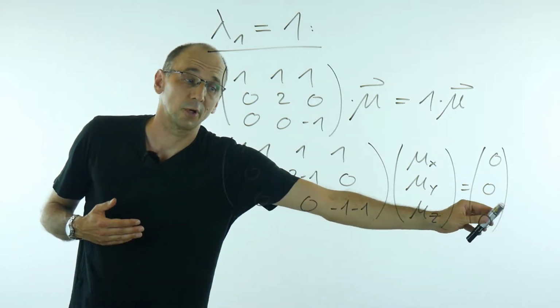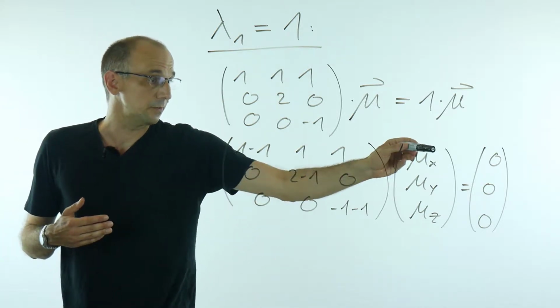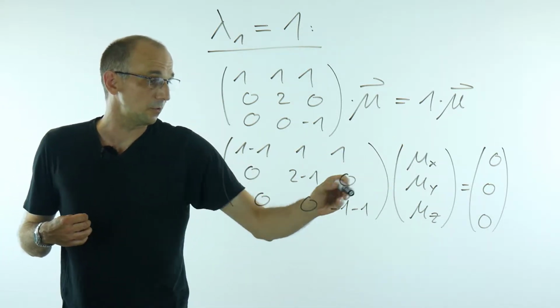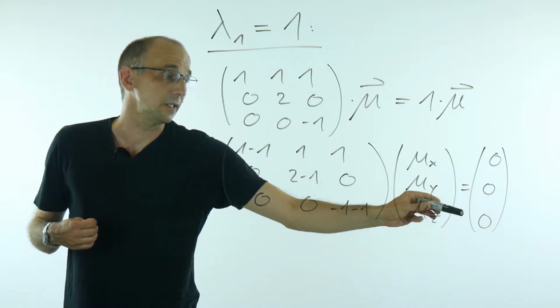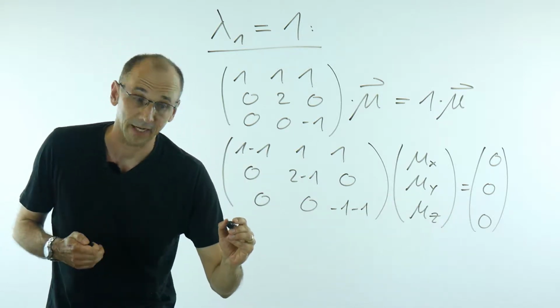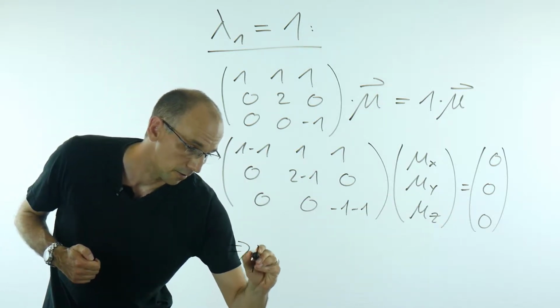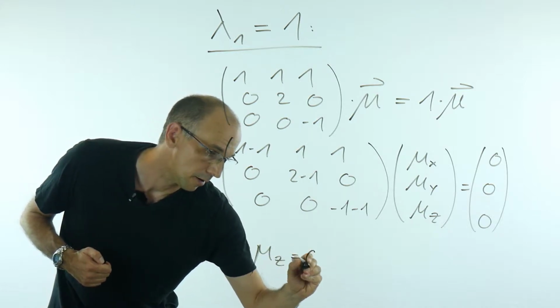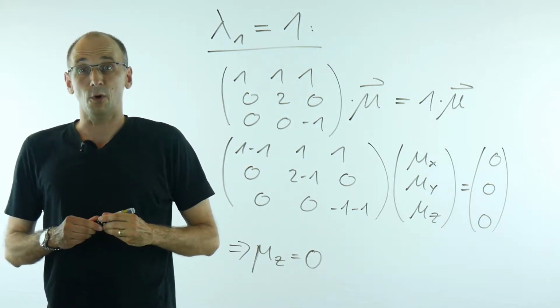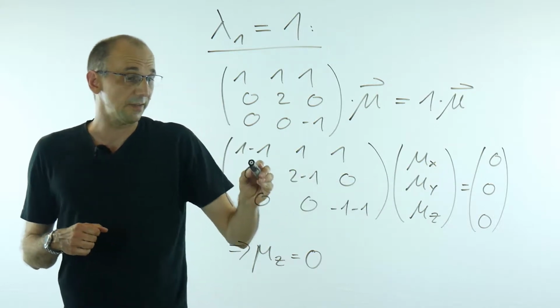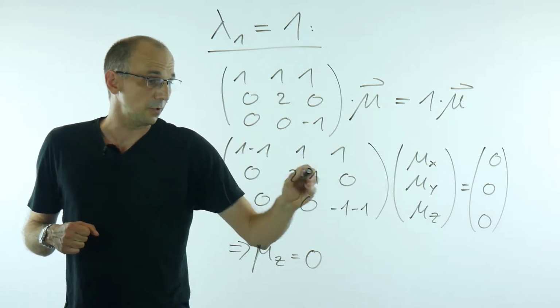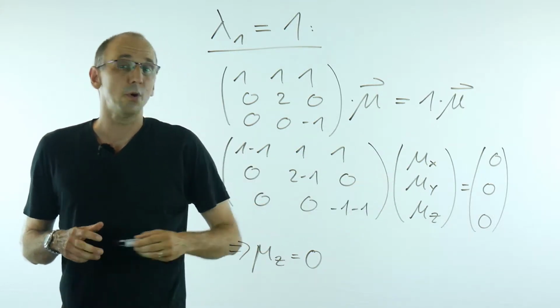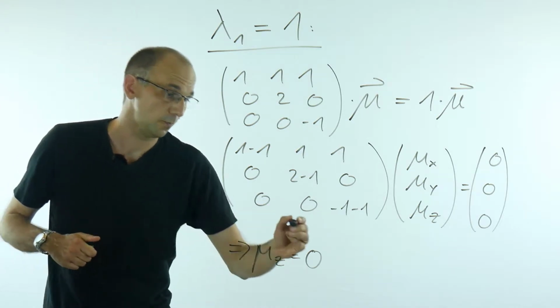If I take the last row, what I get here is 0, 0, minus 2 mu z is equal to 0. From that, I can easily see that mu z is 0. From the second row, I see that 0, 0, 1 times mu y is 0.